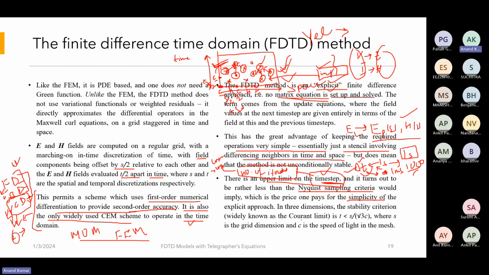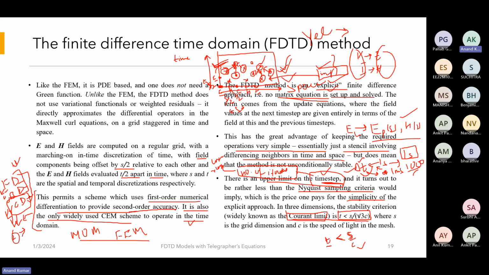We'll discuss in detail how this limitation is put by studying the Courant limit. For right now, you have to know that this limitation is defined by the Courant limit, which for 3D cases is limited to this value. And for 1D cases, t should be less than s by c, where c is the velocity of light, s is the discretization in space, and t is the discretization in time.